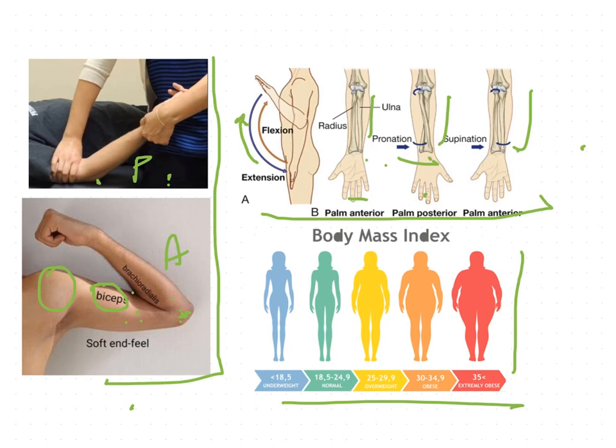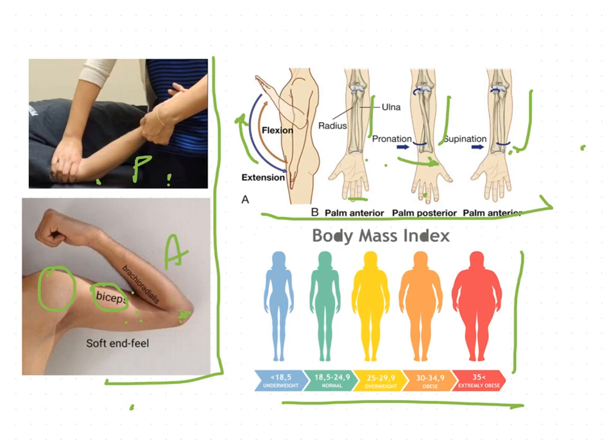When the forearm is supinated, the range of motion of elbow flexion is greater, and the range of motion when the forearm is pronated or neutral is less when compared to the supinated forearm. Okay, so this is the position of the forearm.